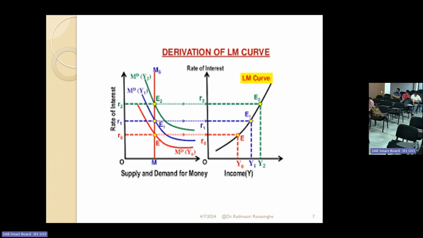So any point on the LM curve represents money market equilibrium. Normally when you look at this LM curve, it's upward sloping from left to right. It has a positive slope, like a supply curve. Why is there a positive slope?